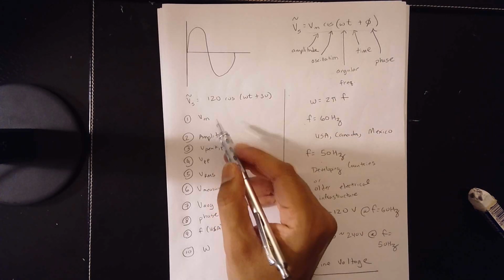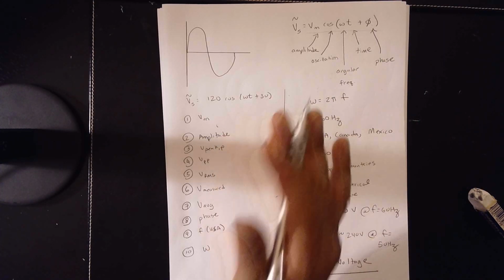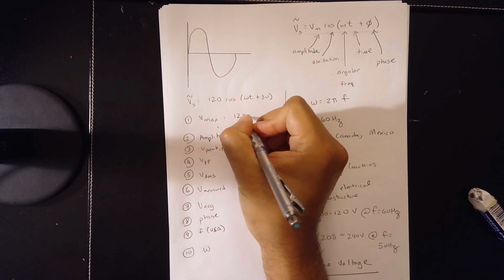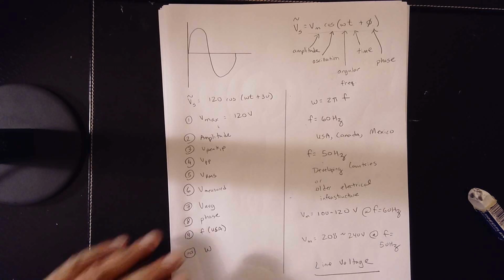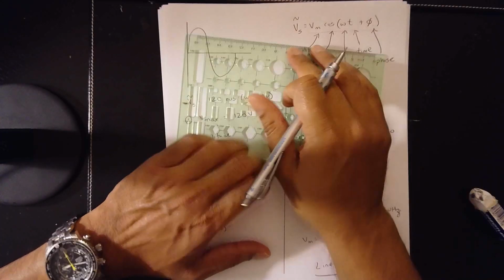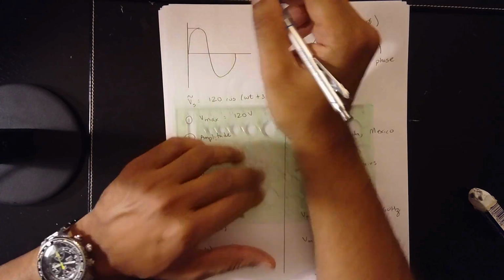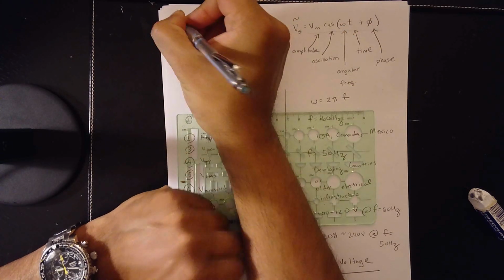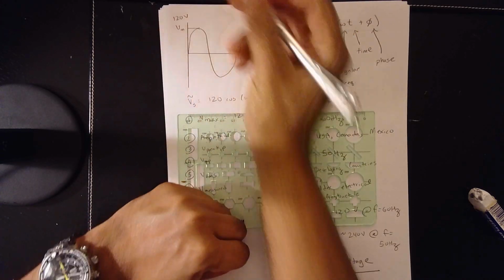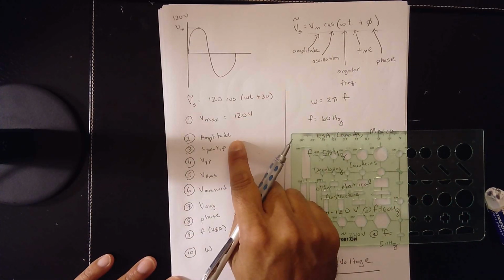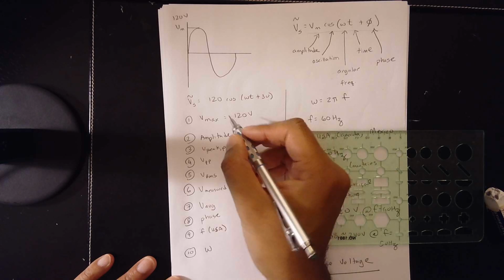Let's analyze this. What's Vm? Vm is V max. Sometimes it's M, sometimes it's max. That's 120 volts. My Vm is right here, my max voltage, and that's 120 volts. What's my V peak? What's my amplitude?